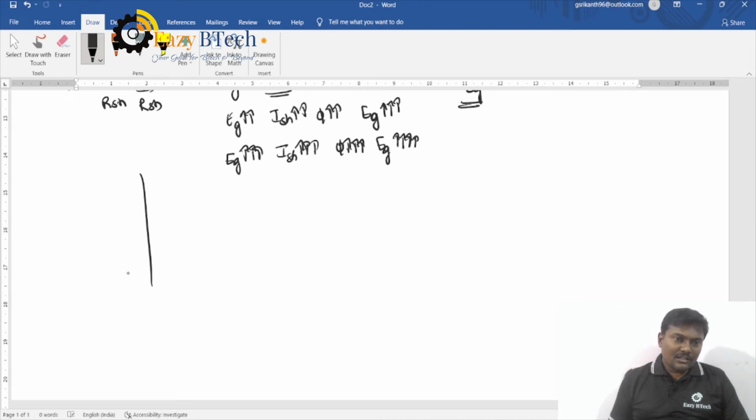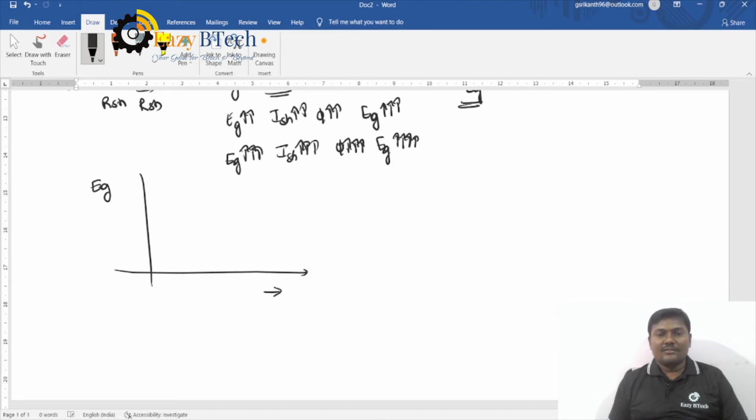If you draw the characteristics, Eg versus field current, under no load operation, the machine is in the off condition. Field current 0 means the machine is off.